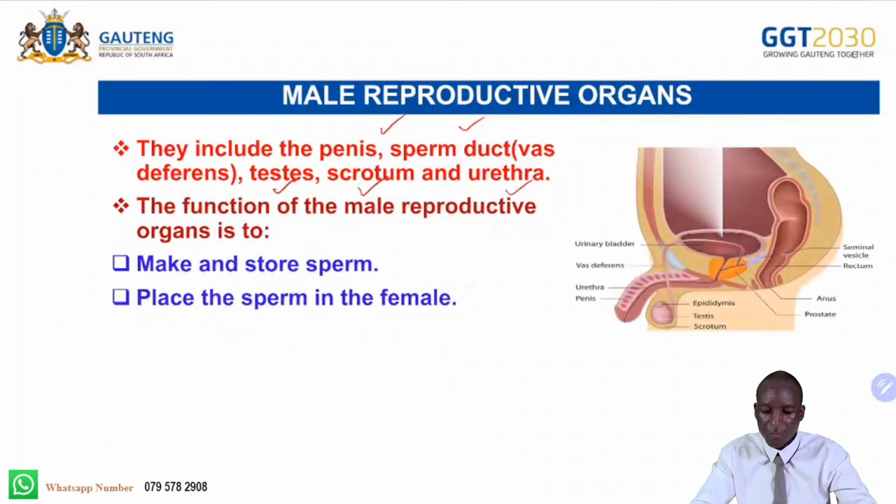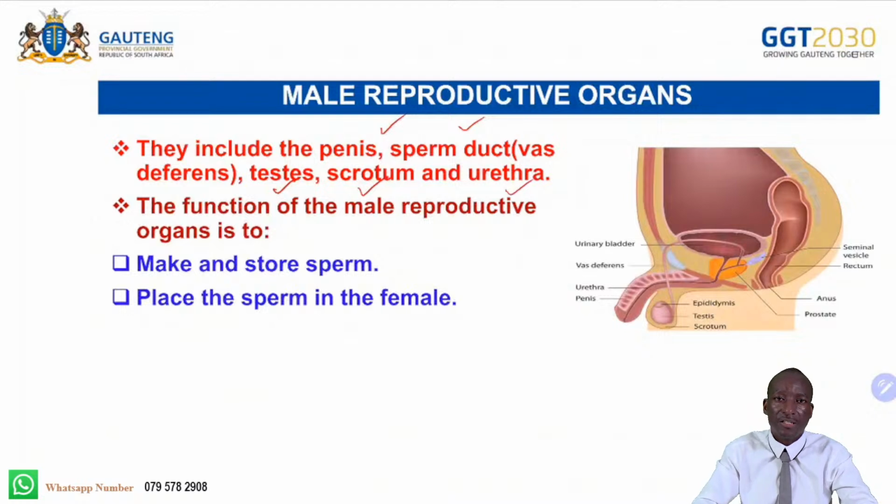Shown there is the male reproductive system. We can easily locate the parts that we are just talking about. The ones which are responsible for making and storing sperm, that is the testis down over there.